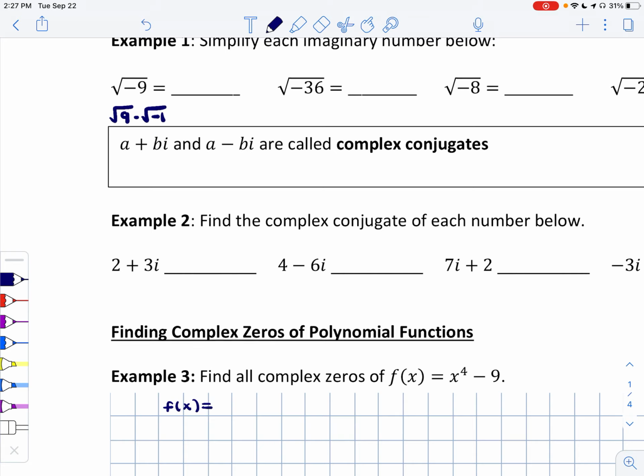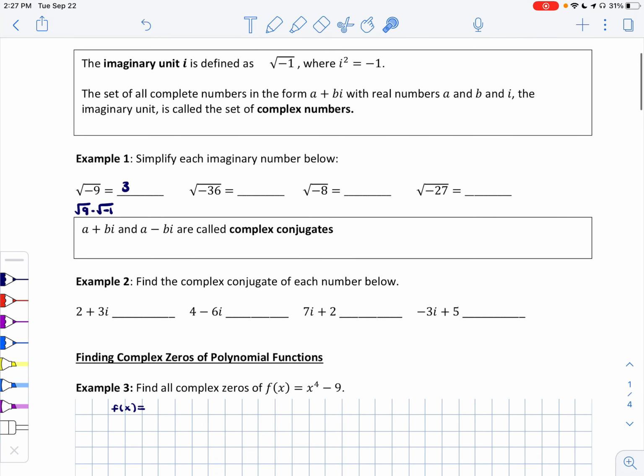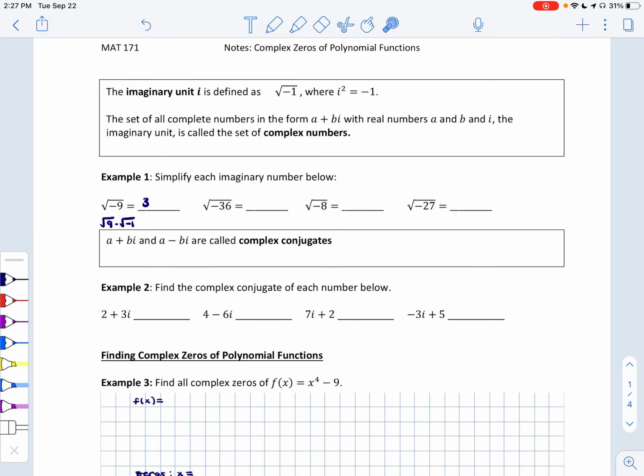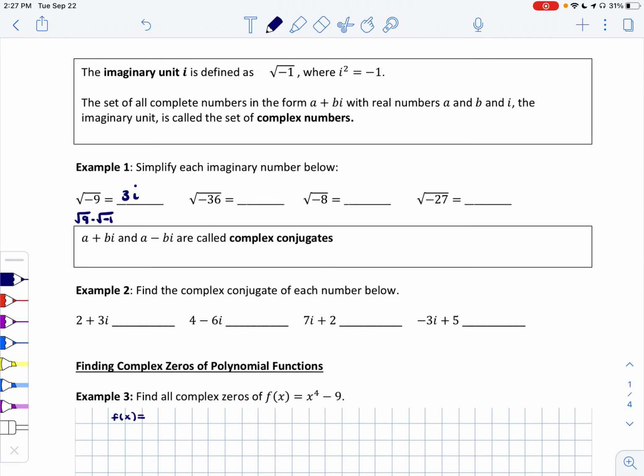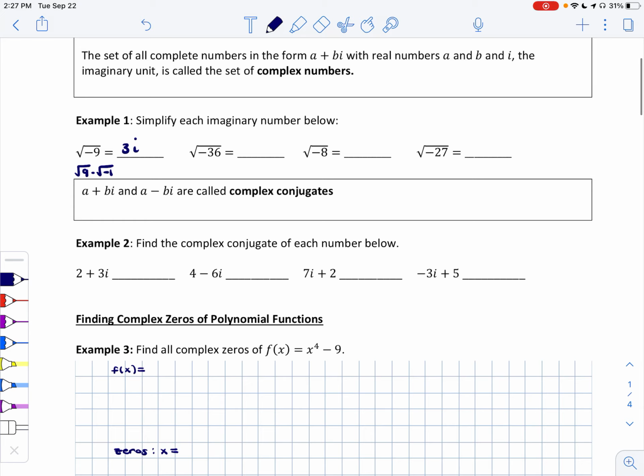The square root of 9 is easy, that's just equal to 3. Then based on the definition I just gave you, the square root of negative 1 is defined as i. So when you're taking the square root of a negative number and you want to simplify it, take the square root of the number like normal, but the negative part just means that you tack an i onto the end of your answer.